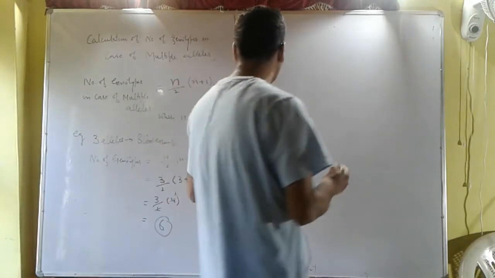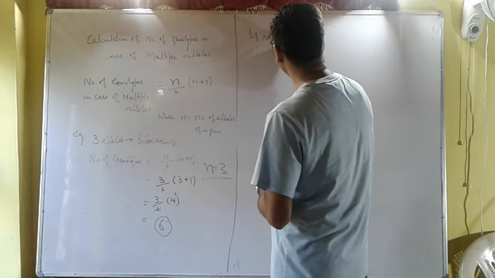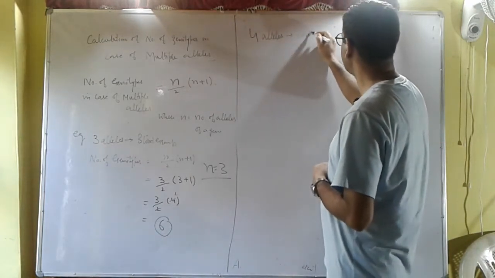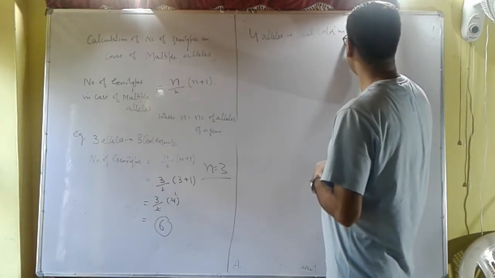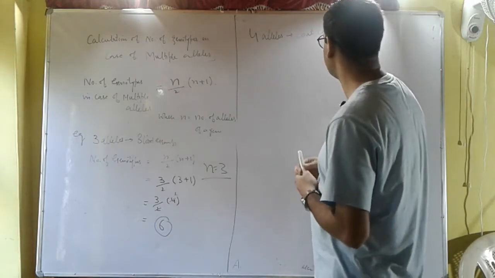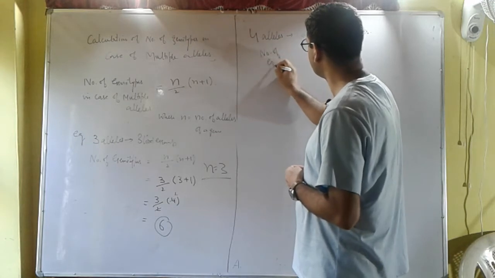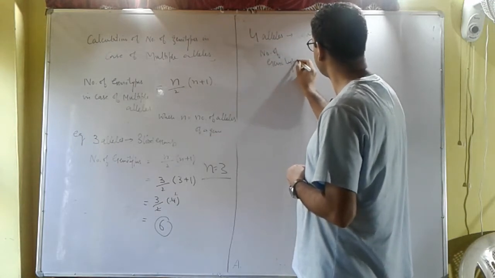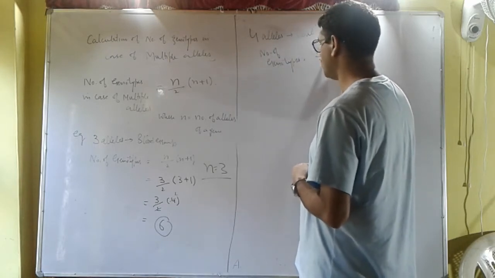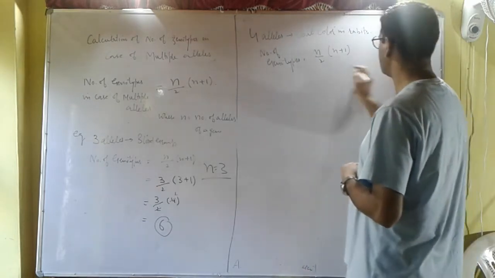Another example is 4 alleles for coat color in rabbits. That means the number of genotypes is n by 2 into n plus 1, where n is equal to 4.